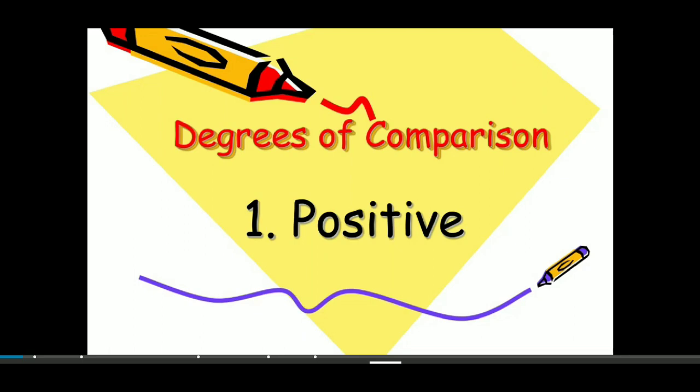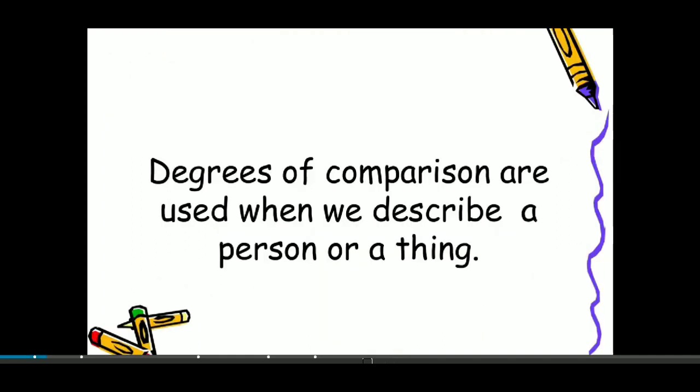First, we are learning about the degrees of comparison, starting with the positive. Here we are going to see what is positive. Degrees of comparison are used when we describe a person or a thing.